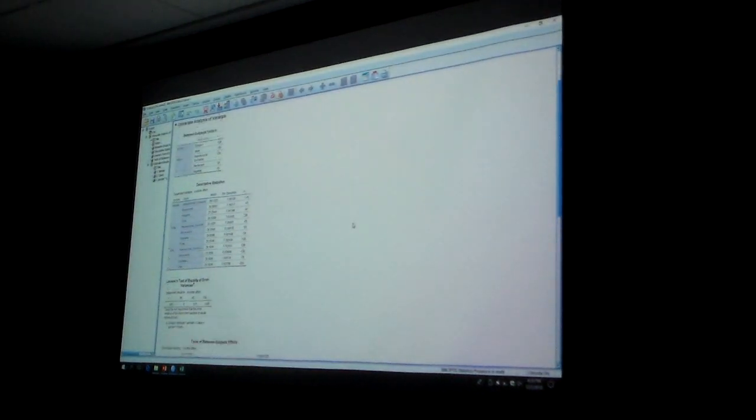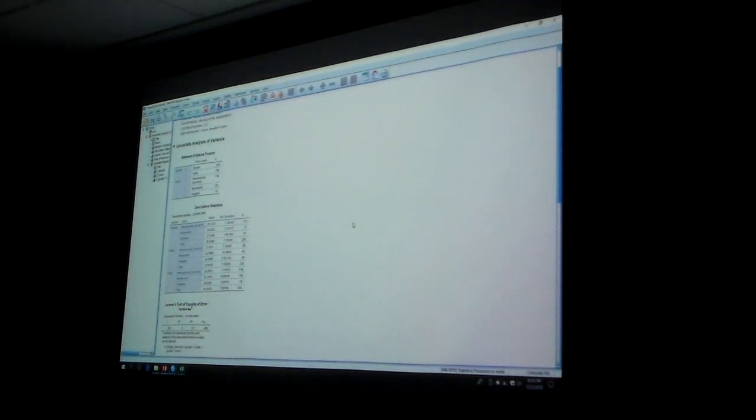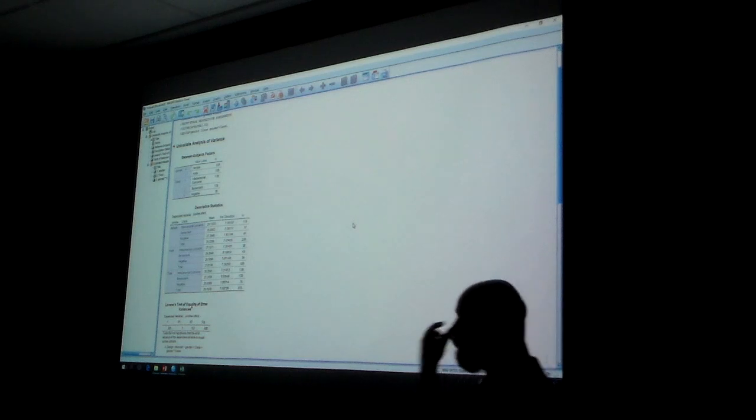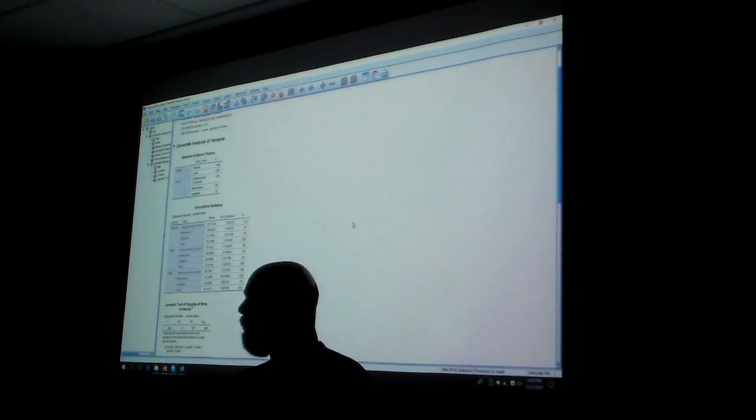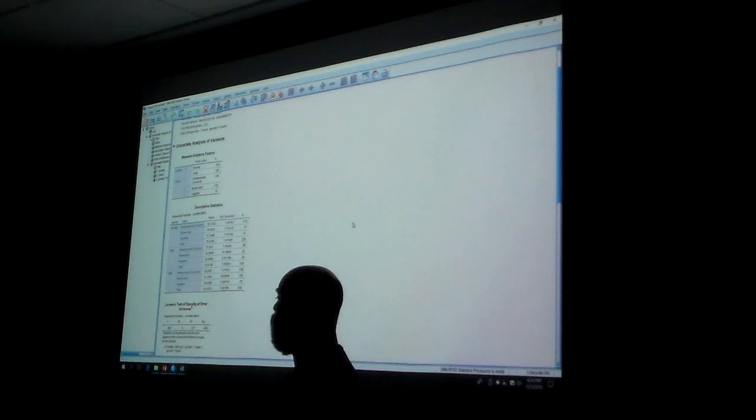All right. So if I'm going through and taking a look at my output here, I've got men, women, each one of my profiles. Do I have a balanced design here? No, I don't have a balanced design. So I need to take that into account because that's going to impact how I would move through and start teasing things apart.